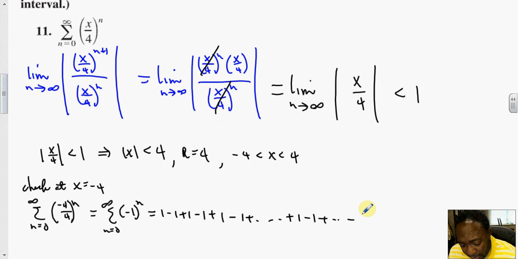Well, here's the thing. This series is oscillating, so it's not monotonic. It's going to plus 1, minus 1. And it's not strictly increasing, neither is it strictly decreasing.